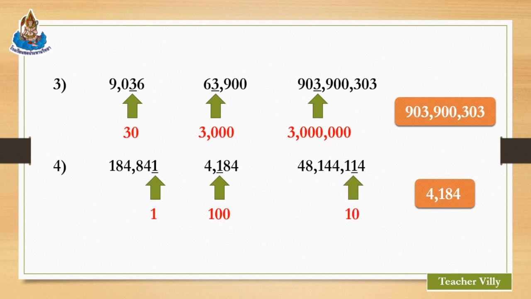That is the number whose underlined digit has the greatest value. Its value is 100. Therefore, the number is 4,184. Very good.